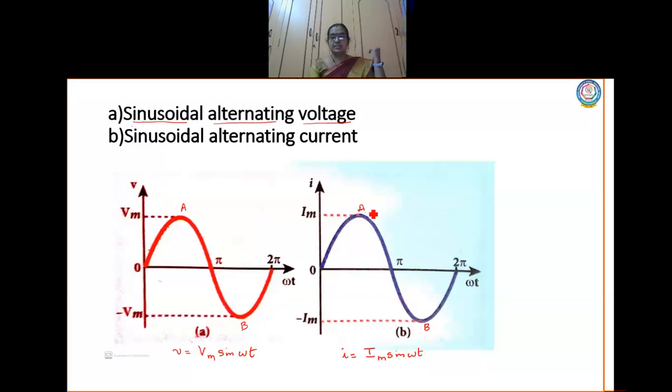Clear? So what is Im here? Again, Im will be the maximum value of the alternating current, and you can see the direction of current is also reversed for every half cycle. So you call this current as an alternating current. Here also you say it as sinusoidal alternating current.